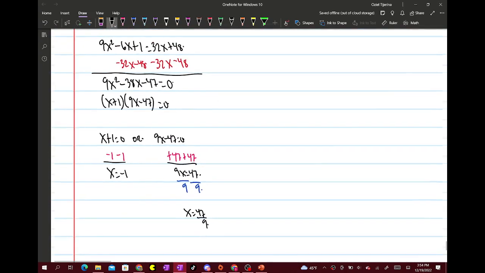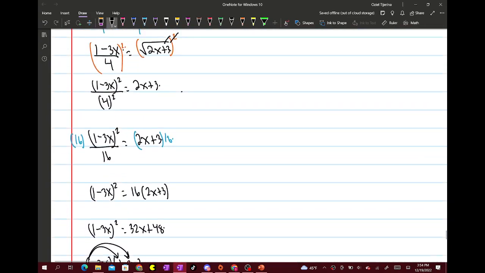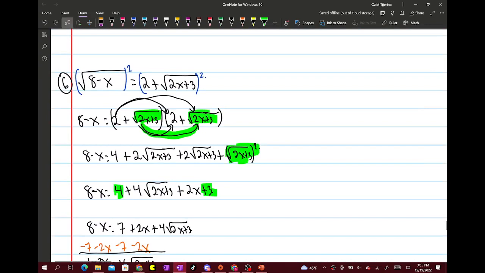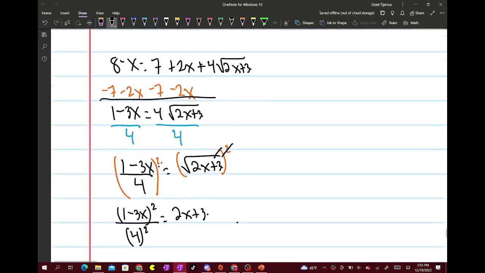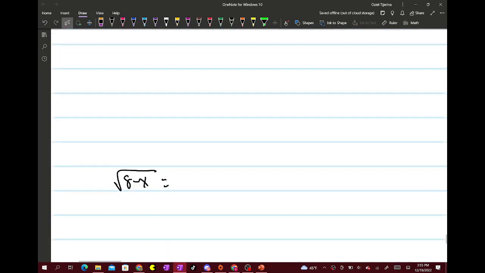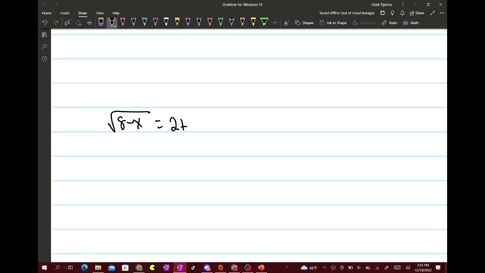Now to check the solutions, we have to plug them back in. So our original problem was the square root of 8 minus x is equal to 2 plus the square root of 2x plus 3, right?